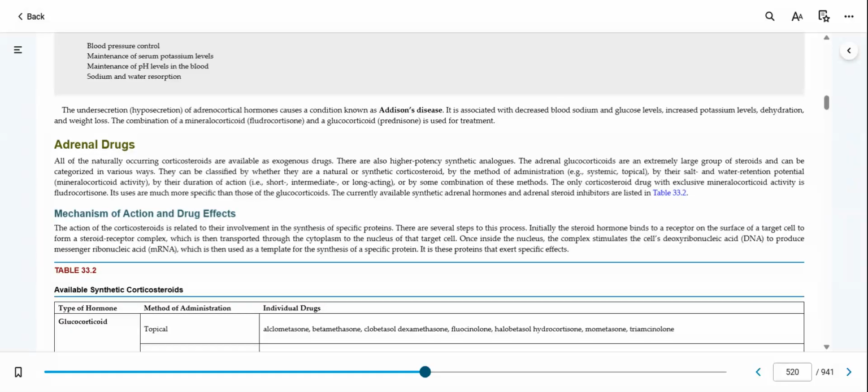The glucocorticoid drugs hydrocortisone, called cortisol in its naturally occurring form, and cortisone have some mineralocorticoid activity, and therefore they have some of the same effects as aldosterone, which would be fluid and water retention. However, their main effect is the inhibition of inflammatory and immune responses.